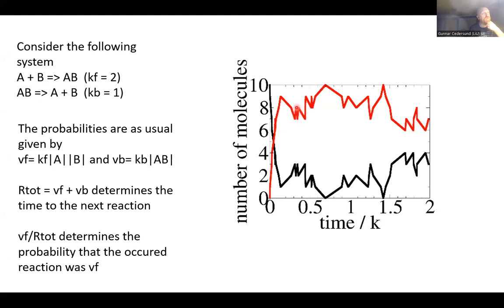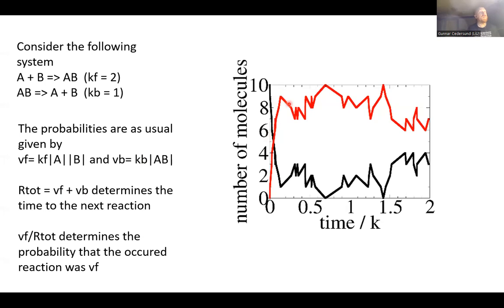Here you have drawn a number that happens to be a short time until the next reaction, whereas here it's much longer. And this is the time simulation of A and B, and you see some kind of behavior here, that it goes down and lays on a steady state, and here it also goes up and lays on a steady state. And this is probably what the ODE would tell you as well.